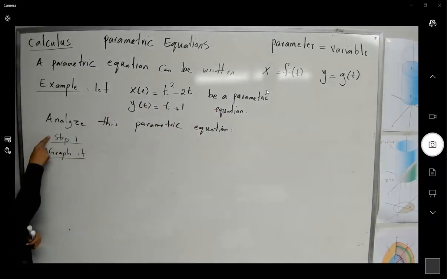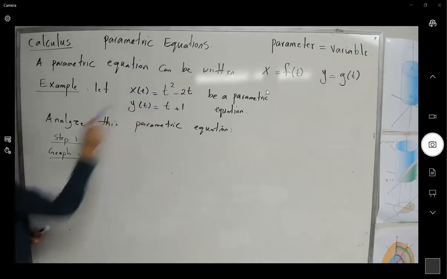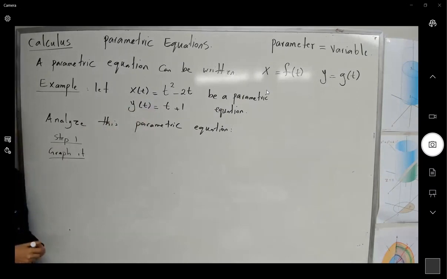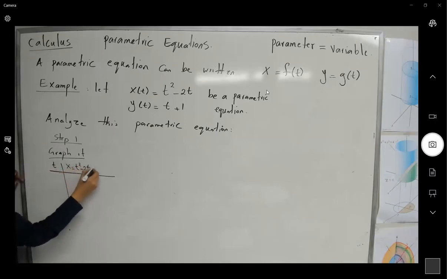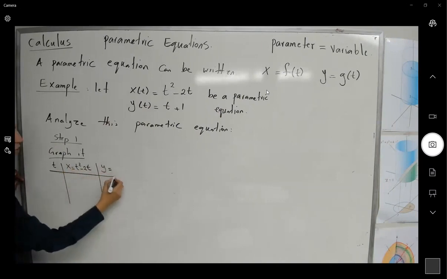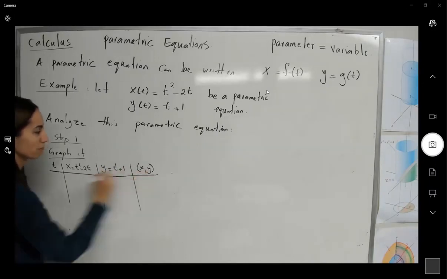So, step 1, graph it. How do we graph this? We plug in different values for t, find x and y, and graph it. We have t, x, which is t squared minus 2t, y, which is t plus 1, and the ordered pair, x and y.